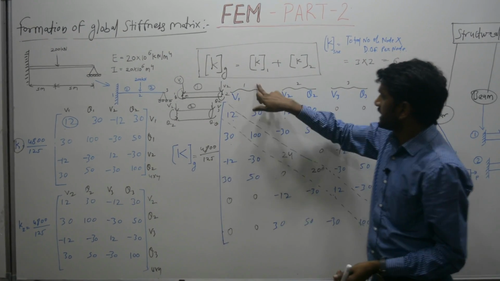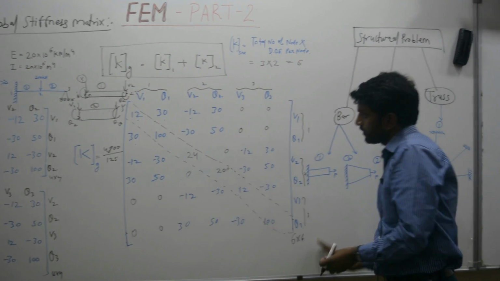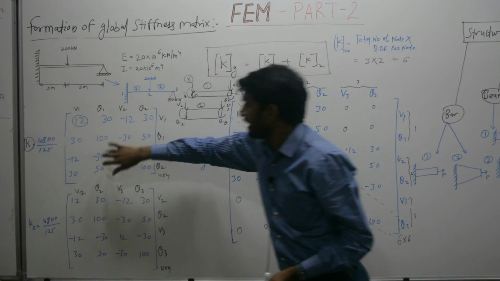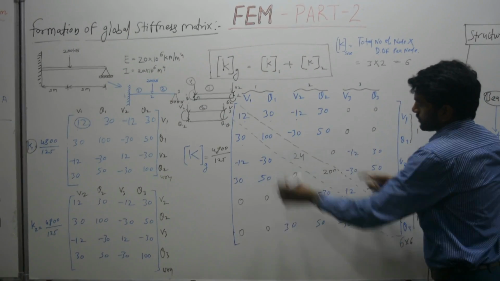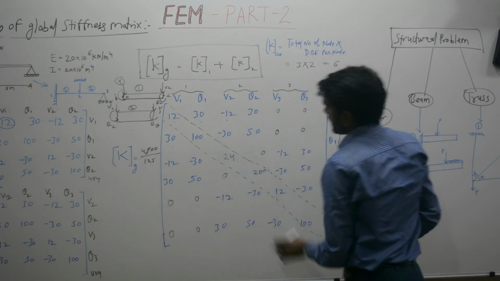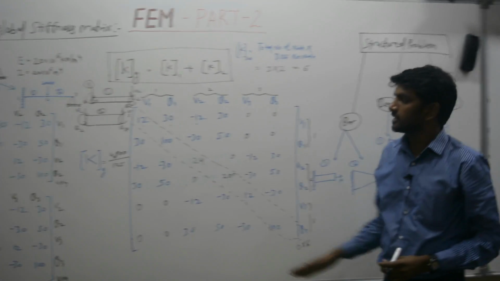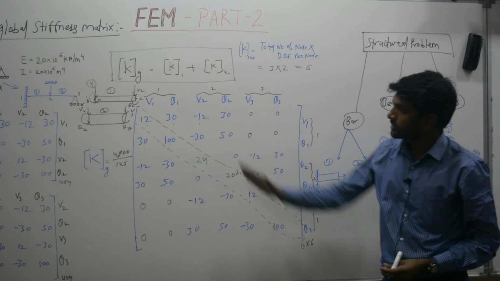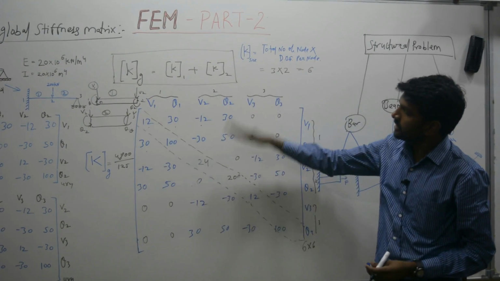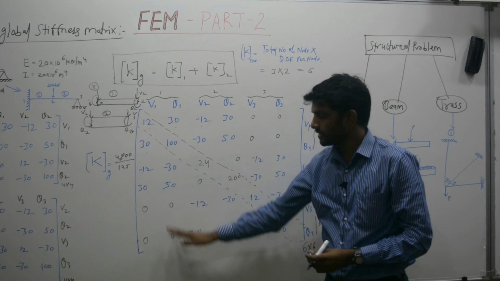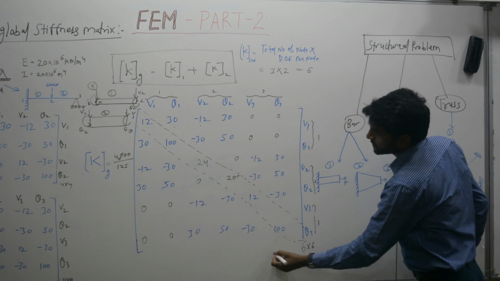Again V1, theta 1, V2, theta 2, in this way you write. Then export each and every element from K1 and import into K2. Then do some arithmetic. The spaces which are unfilled, you simply put 0 there. To check the answers, make the cross diagonal, then check whether every element above that diagonal is reflected back or not. If it is reflected, it means your stiffness matrix is correct.